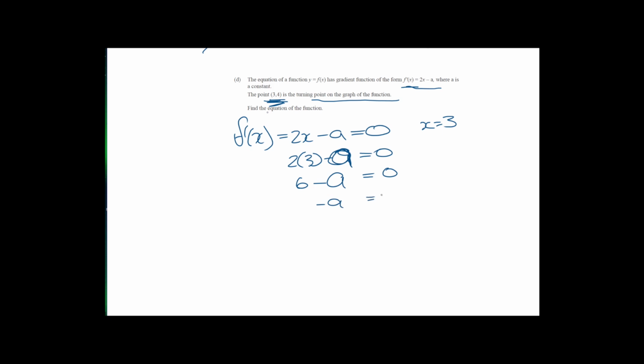Minus a equals minus 6, so therefore a must equal 6. So therefore, f dash of x is going to be equal to 2x minus 6.